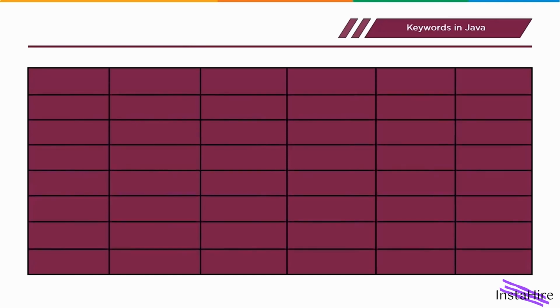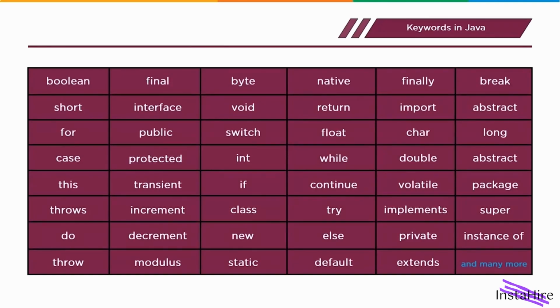Now, Java has the following keywords. Some of the mainly used keywords are boolean, final, switch, while, continue, if, class, new, static, default, extends, and many more. For a quick briefing, you can take a screenshot of this slide.